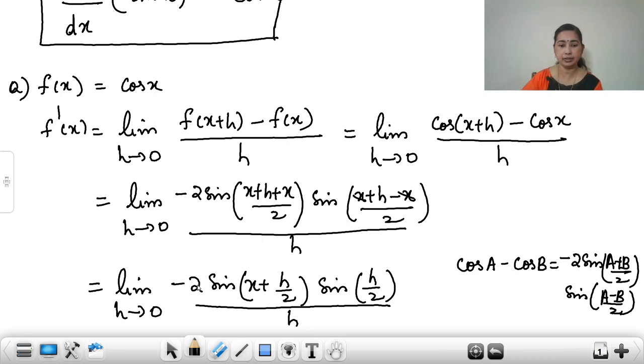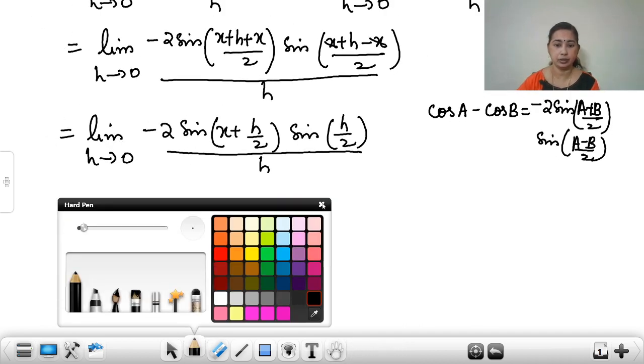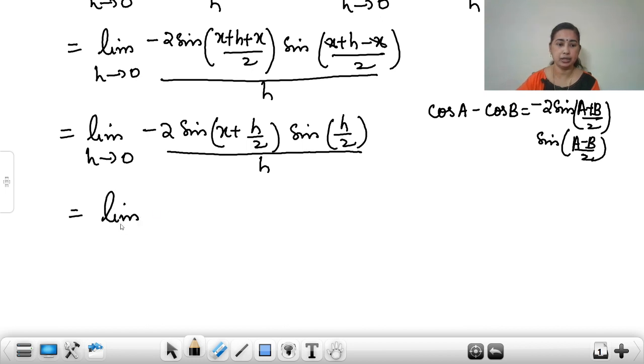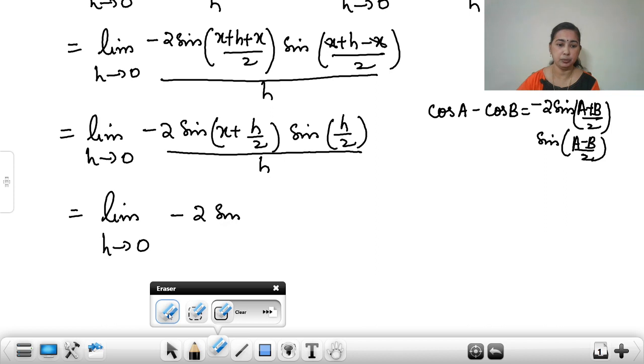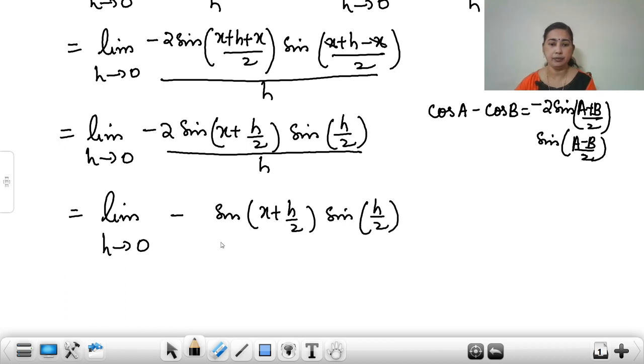Now as earlier, this 2 we can bring it down to the denominator, so that it becomes h by 2. So this is equal to limit h tends to 0 minus 2 sin, that 2 we can write in the denominator. So sin of x plus h by 2 into sin of h by 2 divided by, here h is there, this 2 comes to the denominator, so that is h by 2.